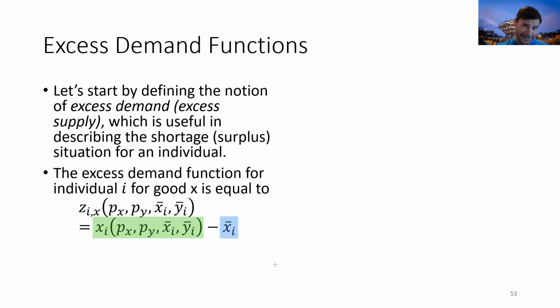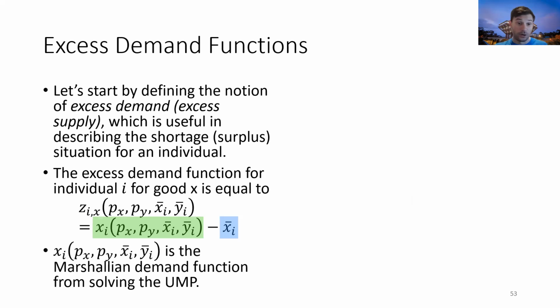This is your demand minus your supply if you're individual i. And X_i, the demand, is the Marshallian demand curve we get from solving the utility maximization problem. So if I figured out the utility maximizing choice of X, and then subtracted out how much of it I already have, that measures how much my demand is in excess of my endowment.